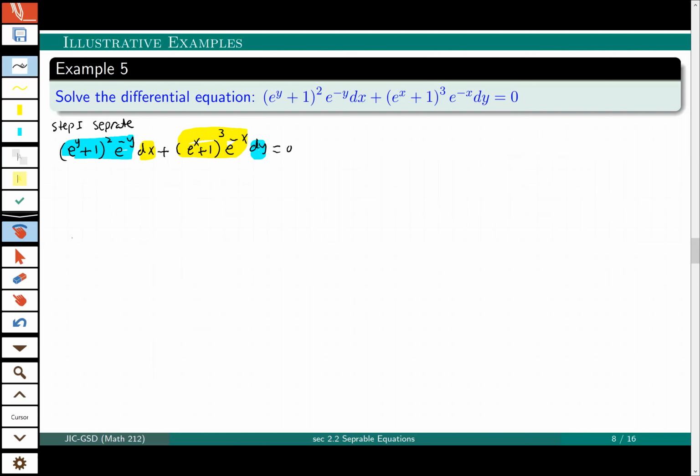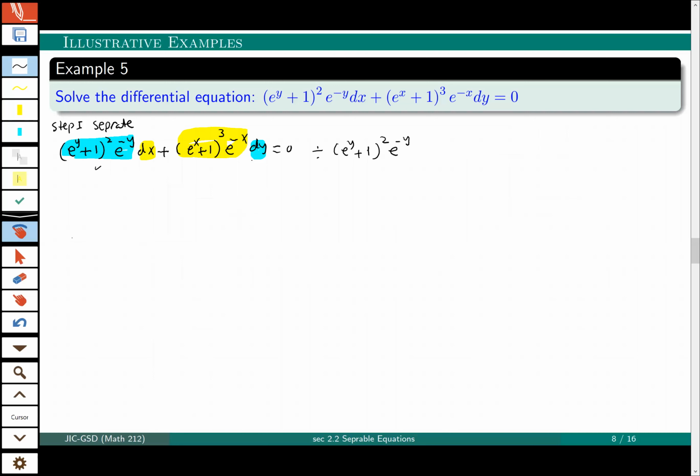This means we need to define a quantity. If I have dx, I need to get rid of these. So I need to divide by (e to the power y plus 1) squared, and also I need to divide by e raised to the power minus y. Here I have dy, but these are functions of x.